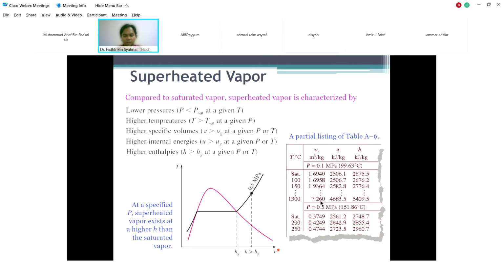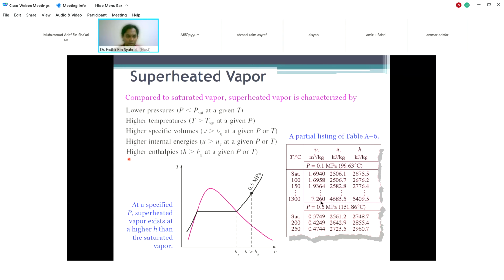Of course, as I said just now, you can change V to H to U. If the symbol here is U, internal energy, this is U for this point, superheated vapor, and this one is UG. So U here is higher than UG, as mentioned here, higher internal energies.